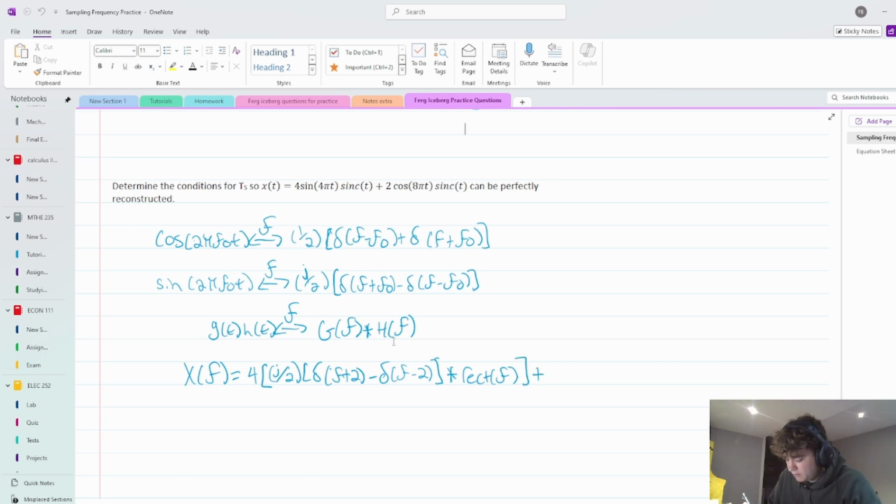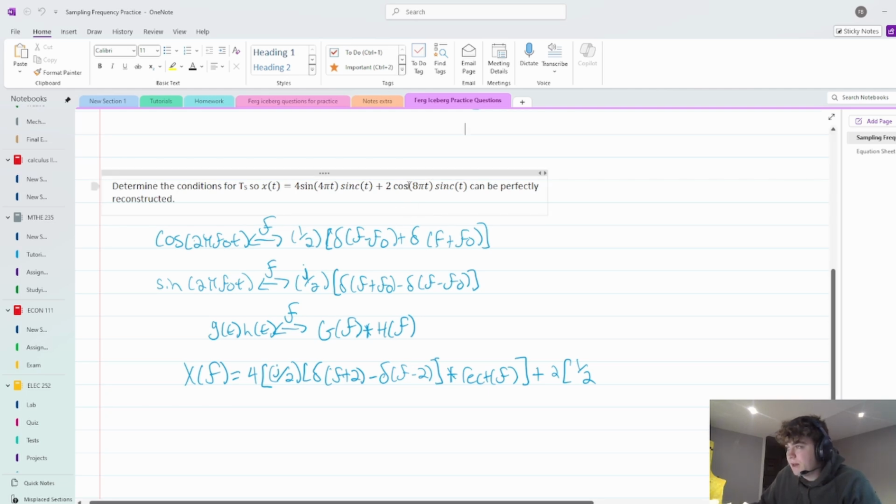So plus 2 times 1/2. And once again, using the same strategy, you look at 8 pi t, and you can see that f naught is 4, because this is equal to 4 times 2 pi times t.